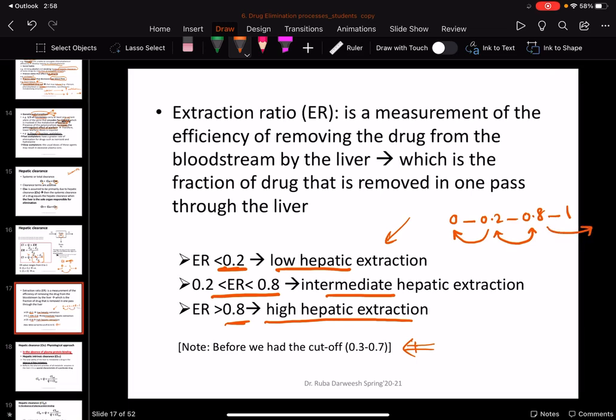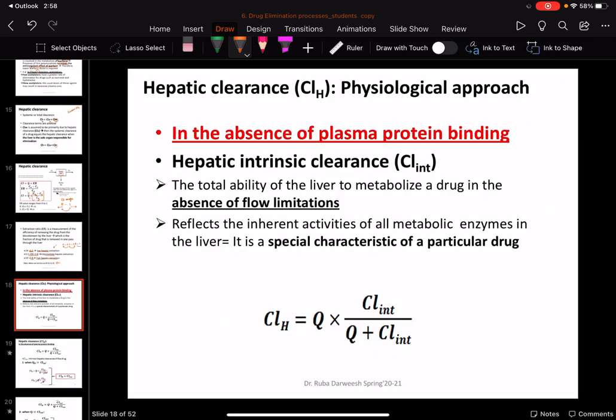For the hepatic clearance and intrinsic clearance, if you remember, we had it under one condition, in the absence of protein binding.